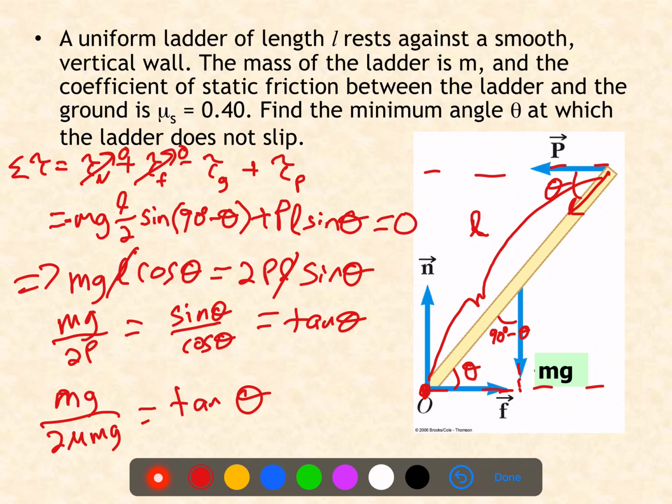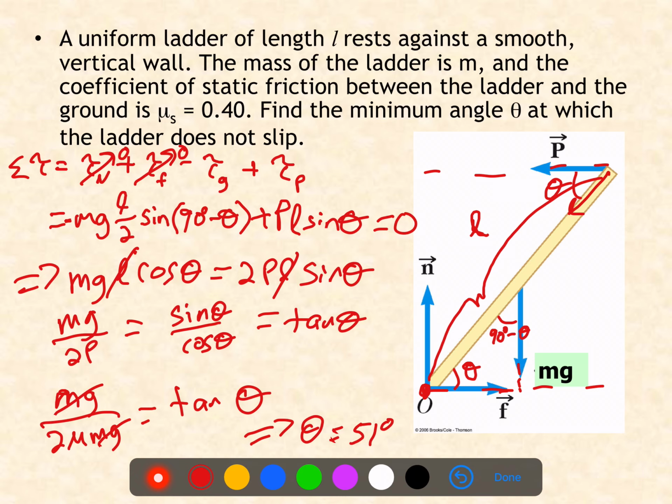But I already had mg here, so these things cancel. And what I'm left with is 1 over 2 times the frictional coefficient. And if I plug in what that frictional coefficient is here, I will compute an angle equal to 51 degrees.